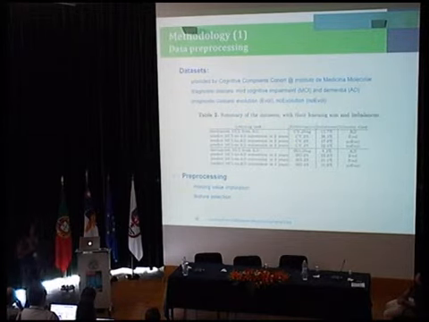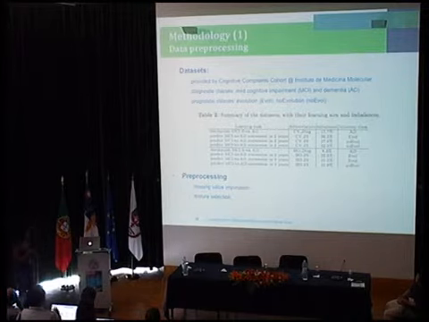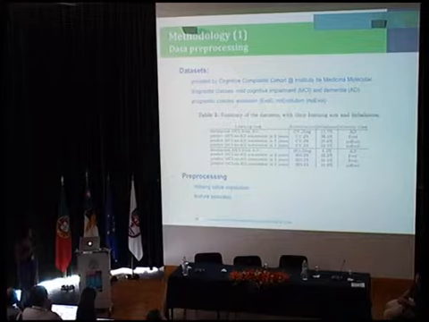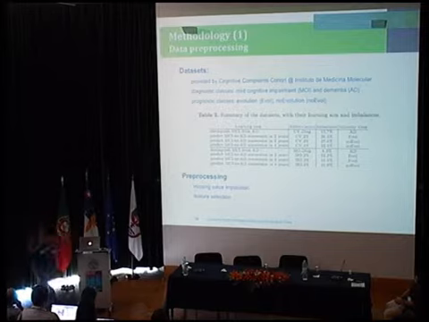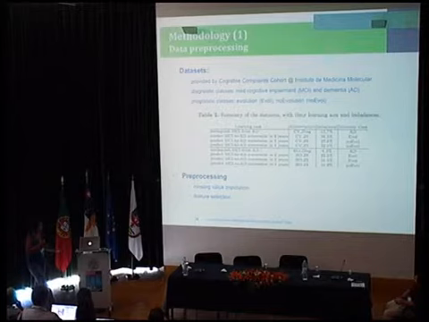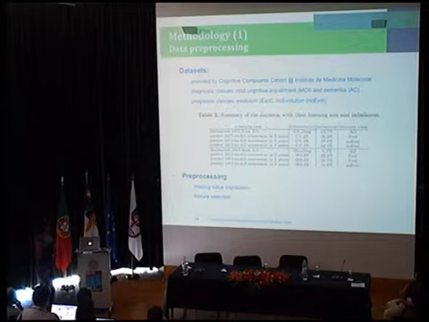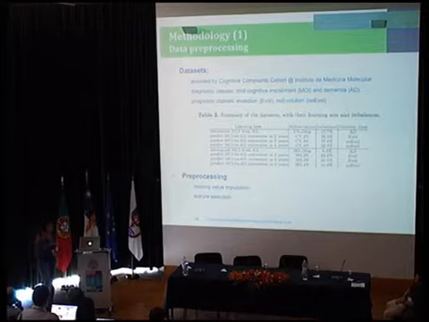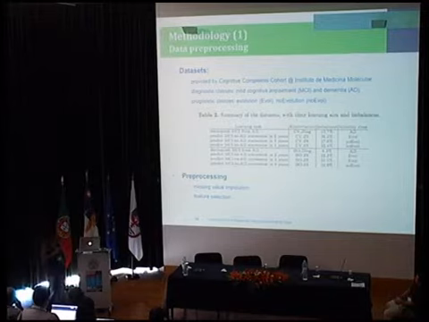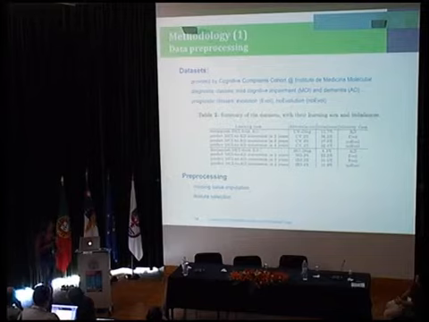So basically these were the data sets we had. We split the data in two parts. One part that we used in the cross-validation scheme, and another part of the data set that we just held out to test the algorithms later, once we decided what was the best strategy using the cross-validation option.